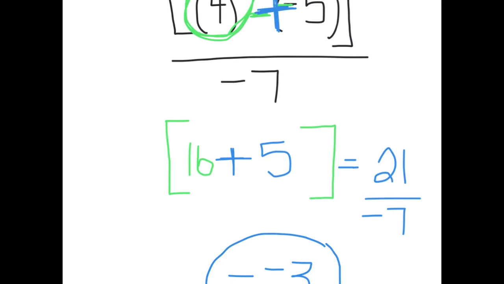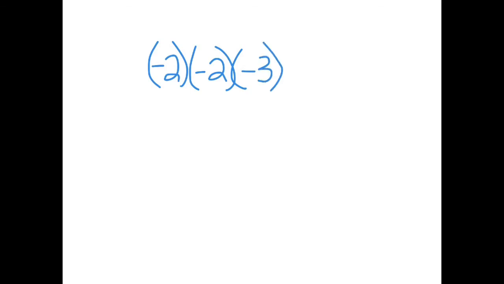Last example, I promise this will be the very last. How about -2 times -2 times -3 times 4 all over -6.